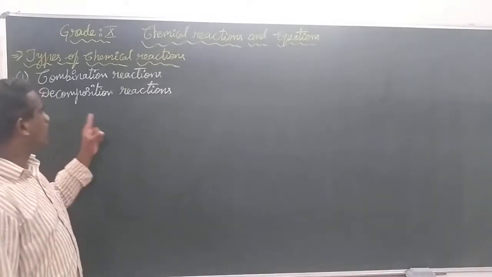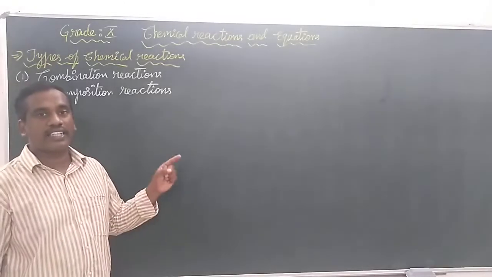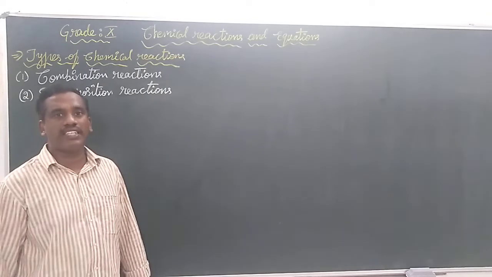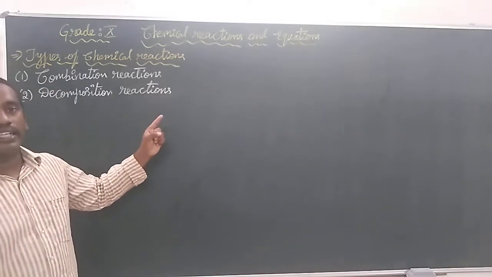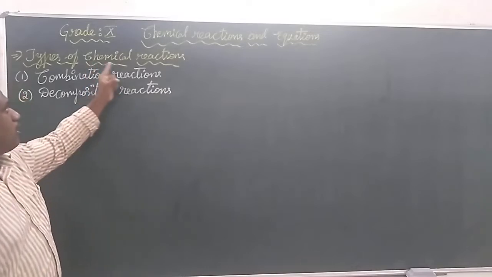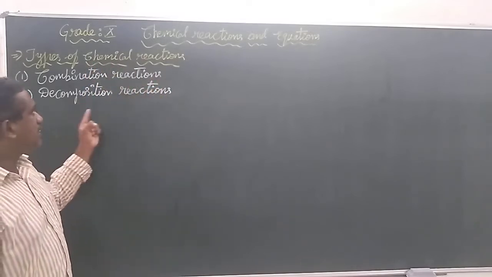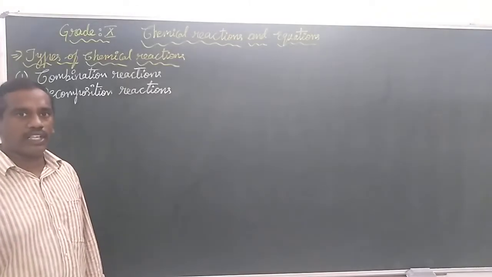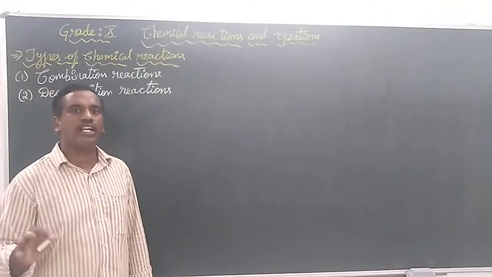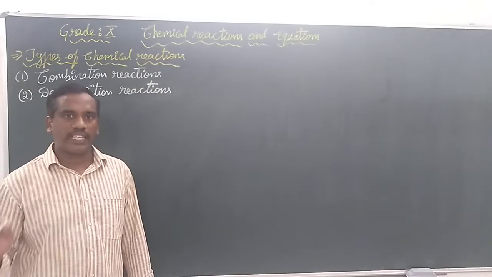And in this one, we are going into the next, second type of chemical reaction, that is called decomposition reactions. In the types of chemical reactions, this is the second type, that is called chemical decomposition reaction, but we are using the word decomposition reaction.